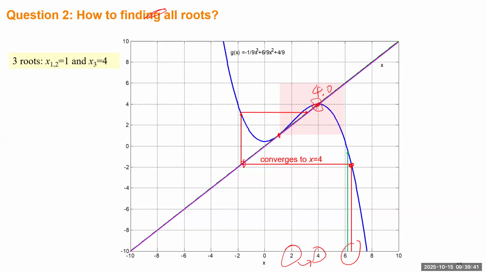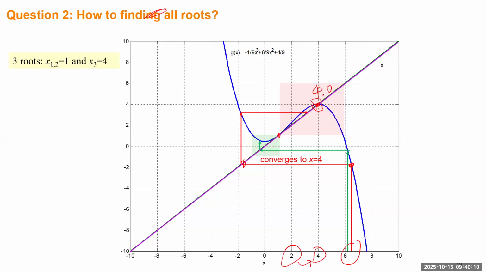What if we start slightly differently from another estimate? It's still very close to 6, but just slightly smaller than the first case. If we go up and to the left, go up, eventually it gets to the other two roots at 1.0. So there's another domain of attraction, shown by this green rectangular area.